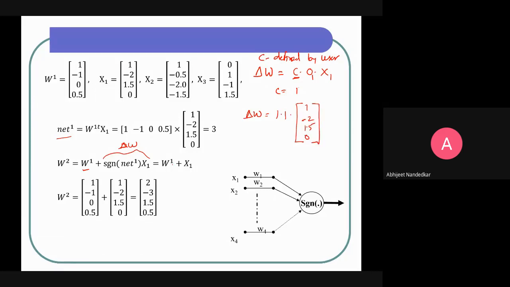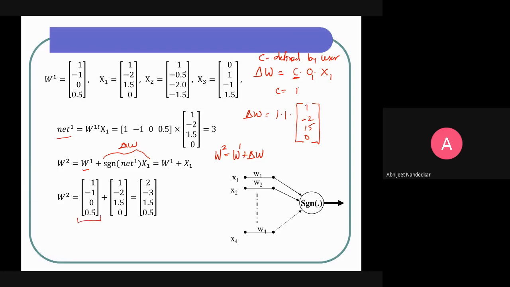So W2, the fresh copy of weights for this neuron, is W1 plus delta W. Okay, so W2 is computed like this.